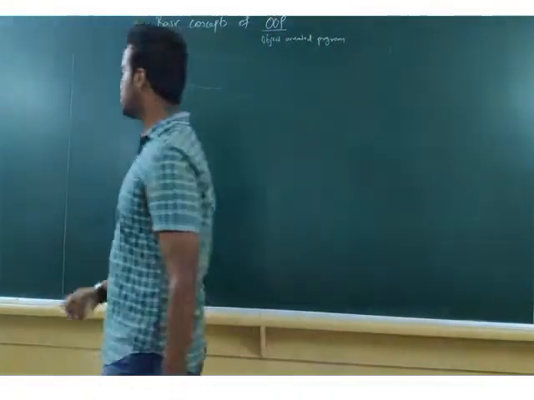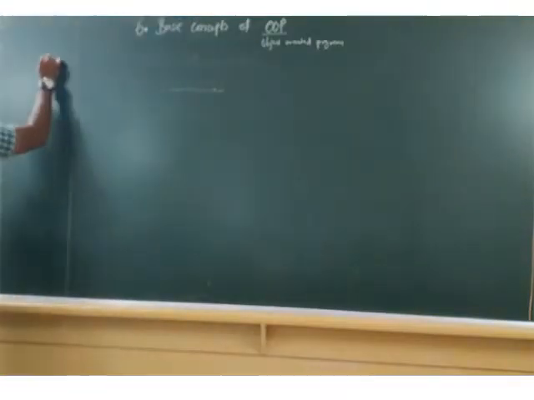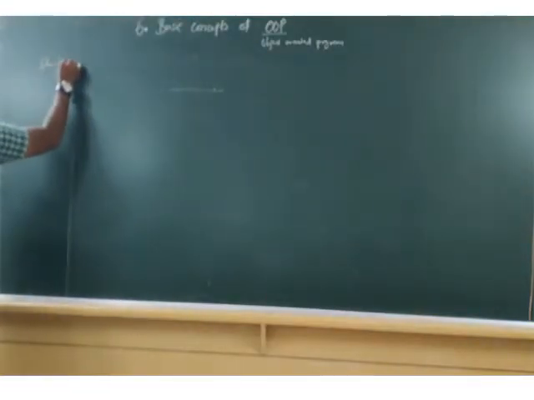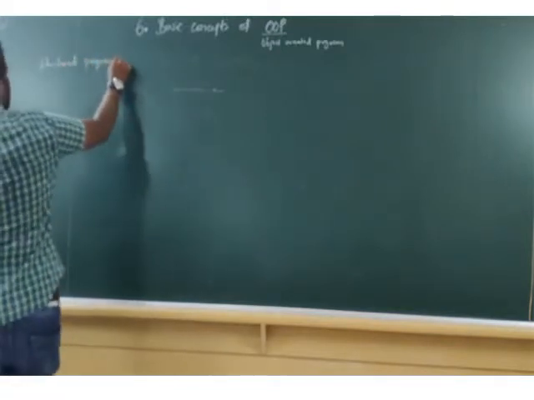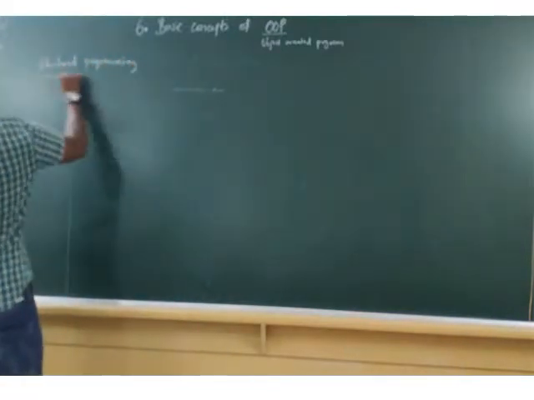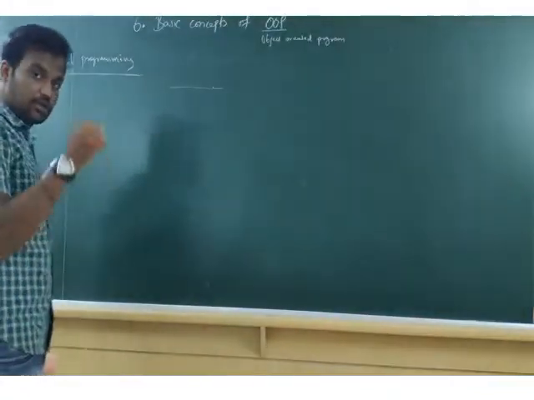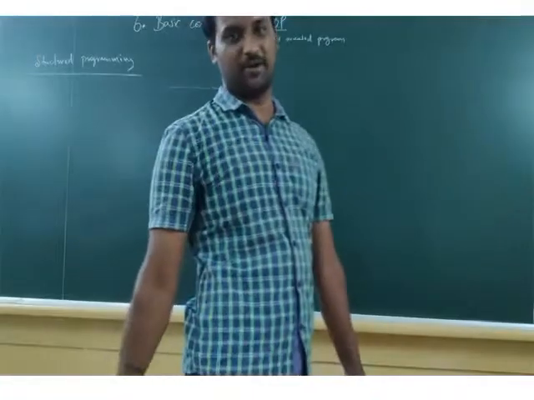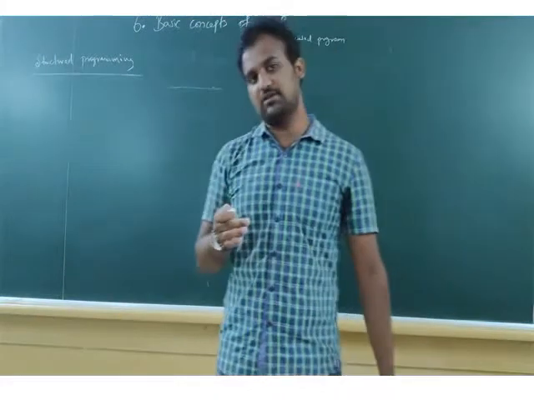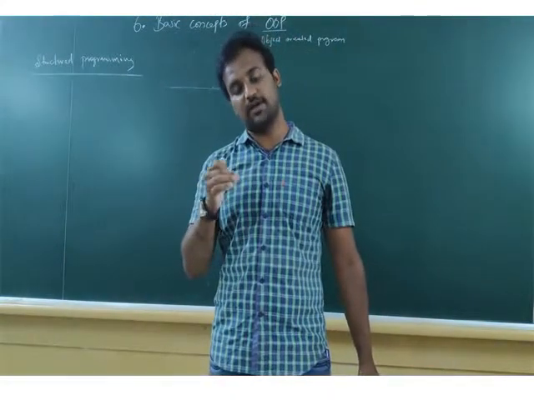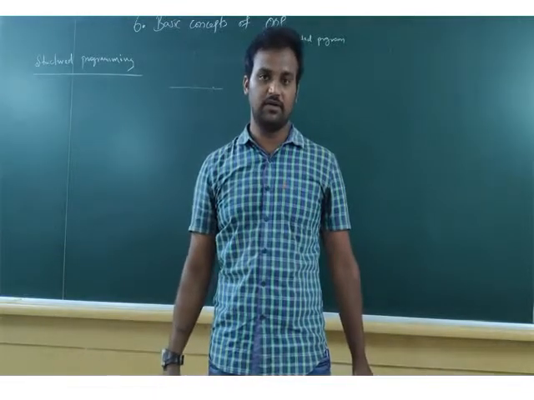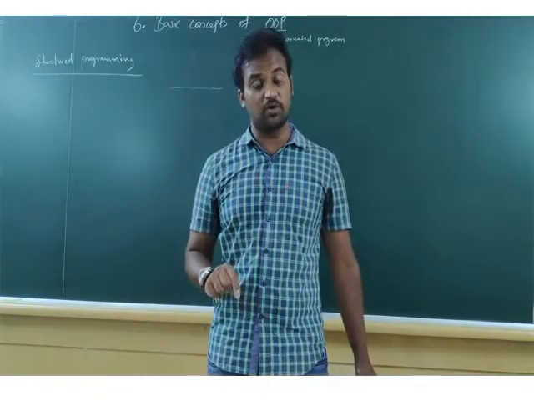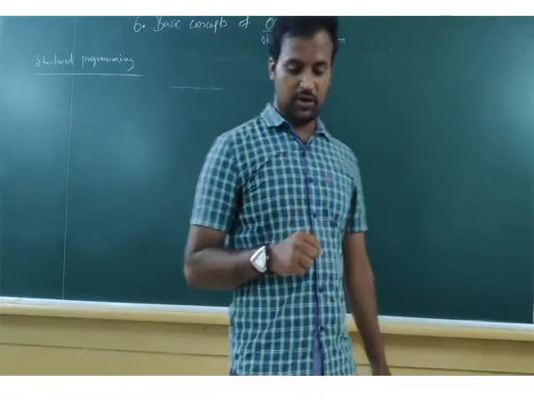Okay. This is procedural oriented programming. Next comes structured programming. Structured programming comes under the topic of procedural oriented programming. Here, what is the structured programming rule? We have to look into that.